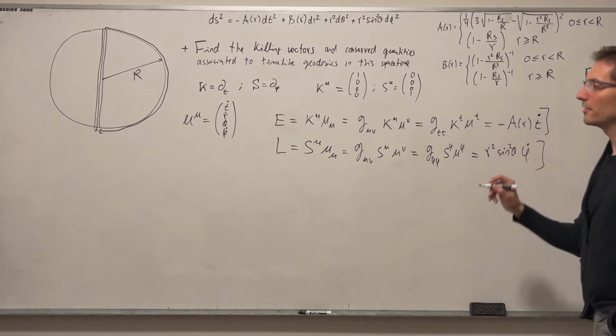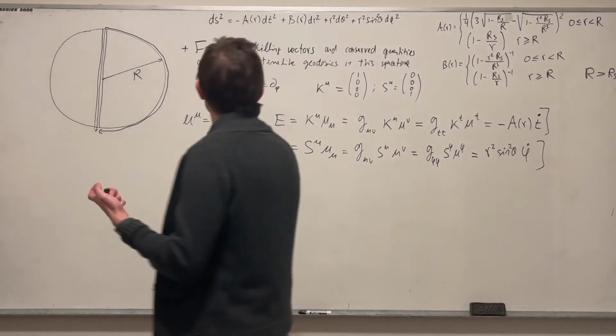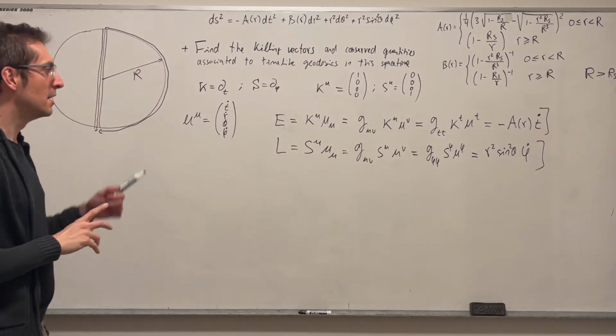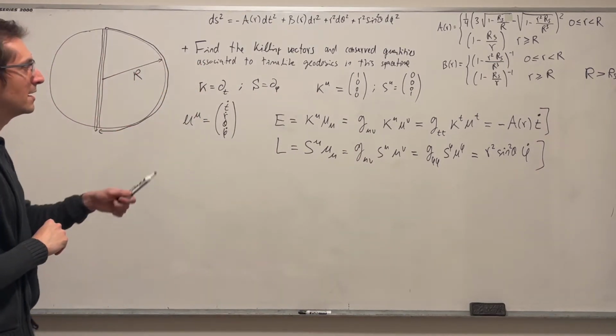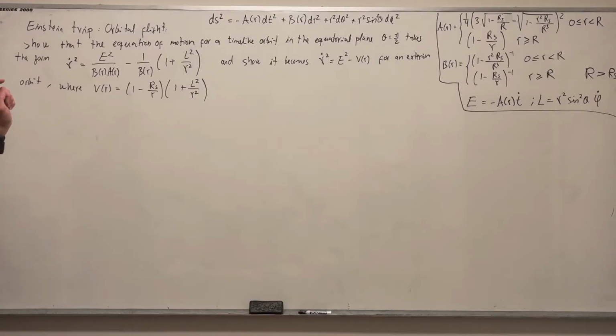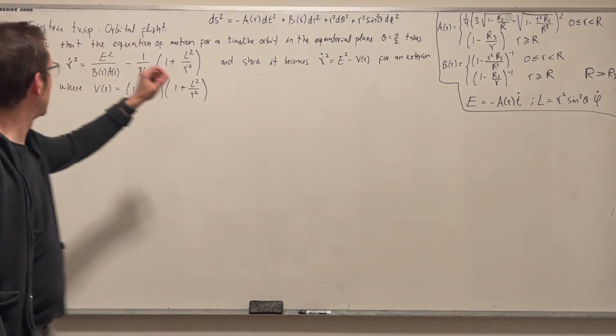So this is the other conserved quantity. All right, so that's the solution to the first exercise. Very simple. So let's store these conserved quantities somewhere over there.